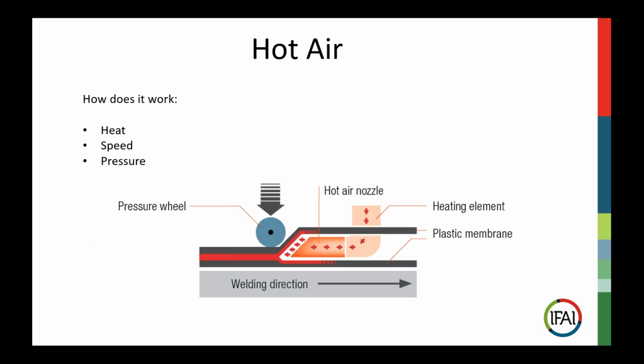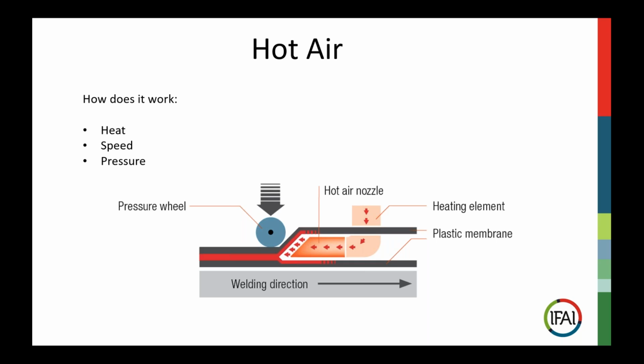So how does hot air welding work? Well, similar to what Jason had stated, heat, speed, and pressure are the key to welding in almost all these technologies. The heat in this process comes from a heating element in which air is blown over that element and out of a nozzle. That nozzle then focuses that hot air between two layers of material which you want to be welded.